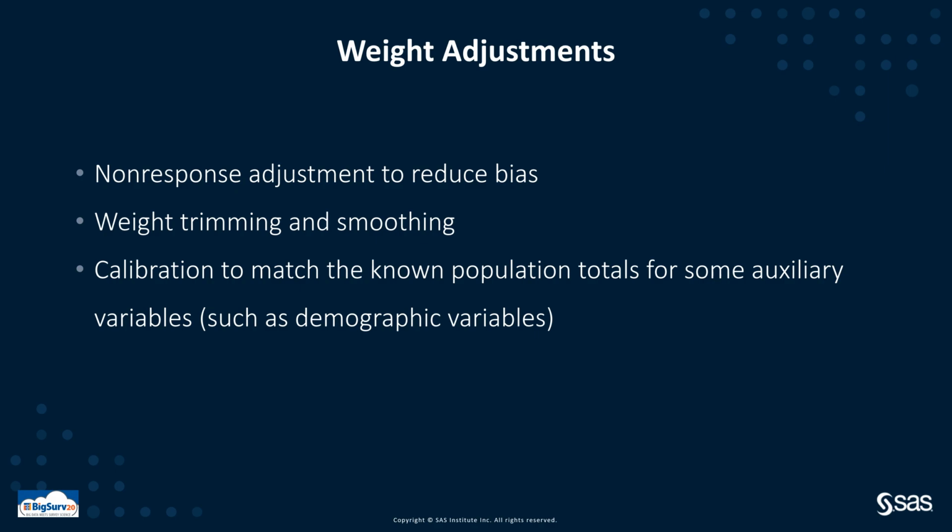Although the primary goal of a survey is to estimate the population characteristics of certain response variables, it is also reasonable to expect the weighted estimates for auxiliary variables, such as some demographic variables, to also match some known information, such as marginal totals in census data.